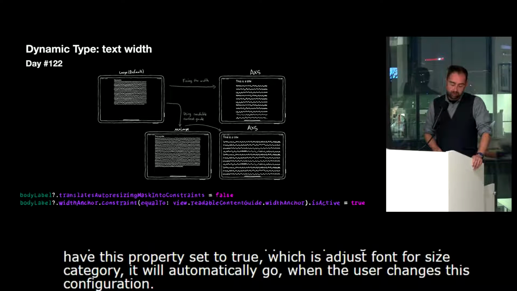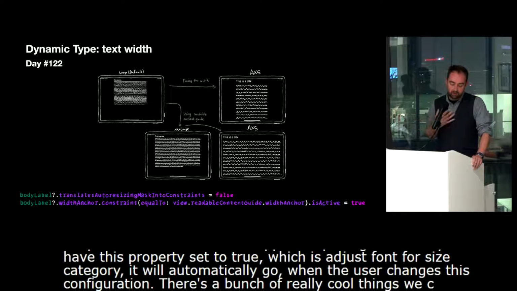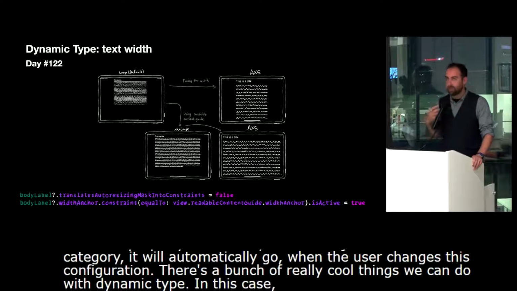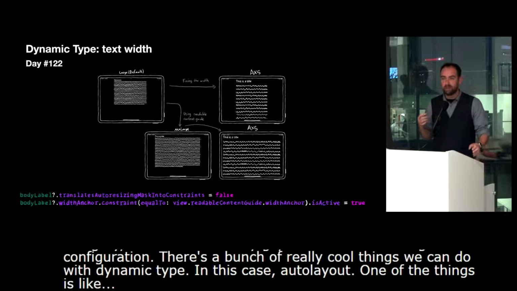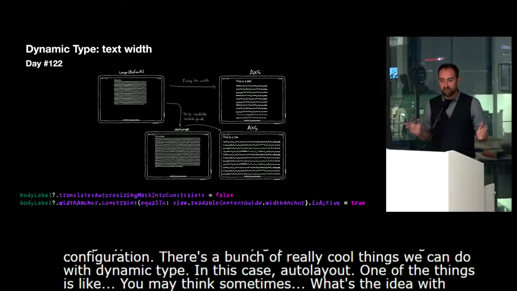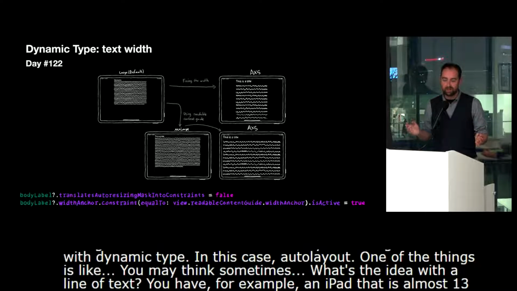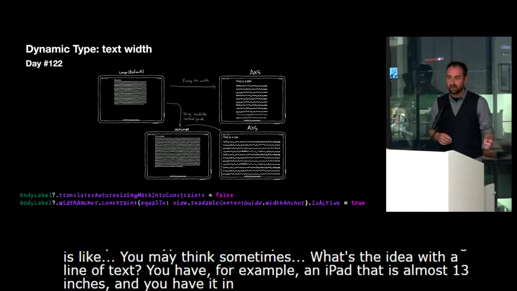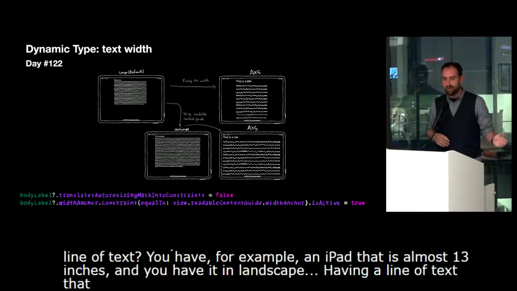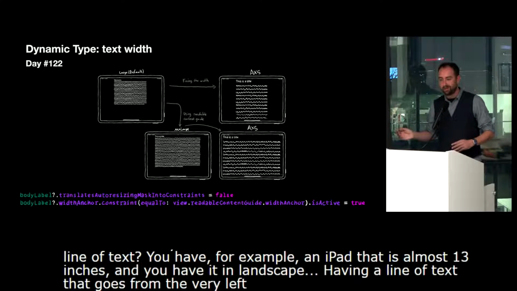There's a bunch of really cool things you can do with dynamic type, and in this case, auto layout. One of the things is, you may think sometimes, what's the ideal width for a line of text? If you have, for example, an iPad that is almost 13 inches and you have it in landscape, having a line of text that goes from the very left edge of the screen to the right one is just too long.